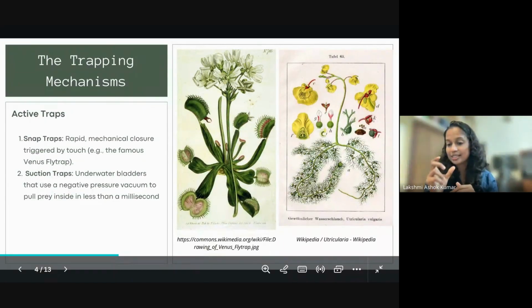And these traps can remain closed up to 4 days, depending on the size of the insect. If it is a small fly, it could open up the second day, maybe.